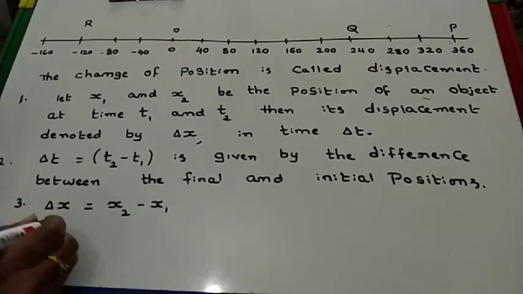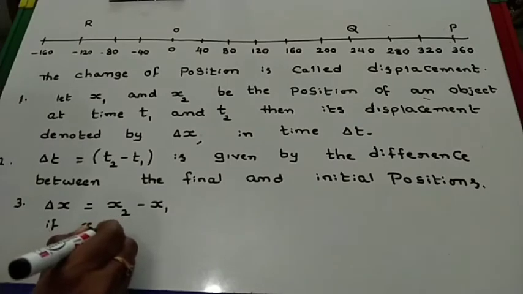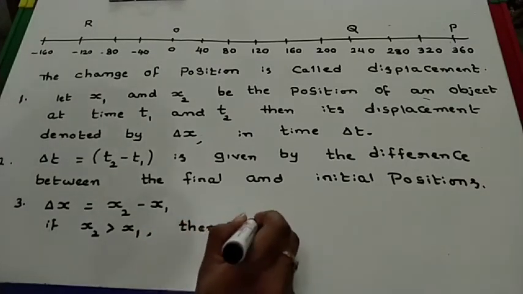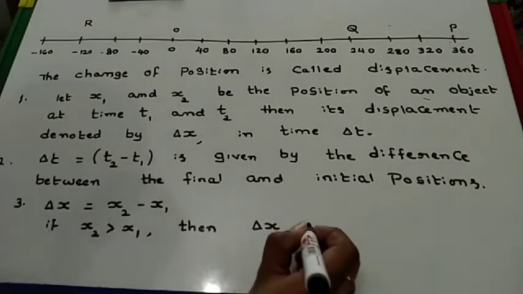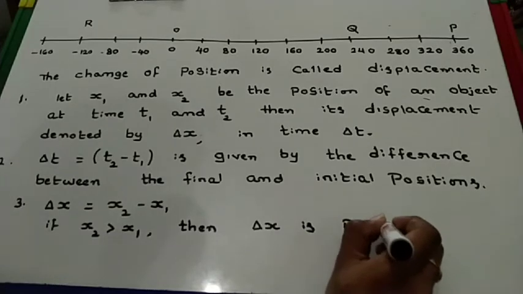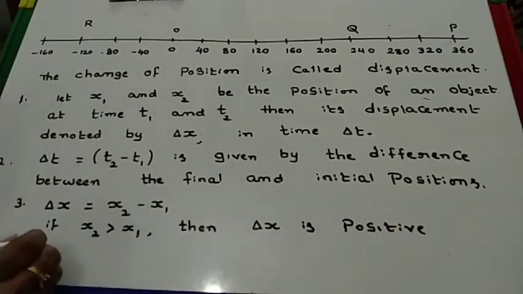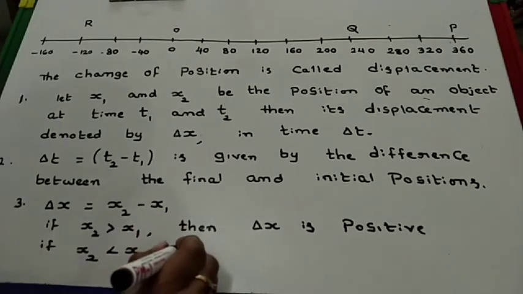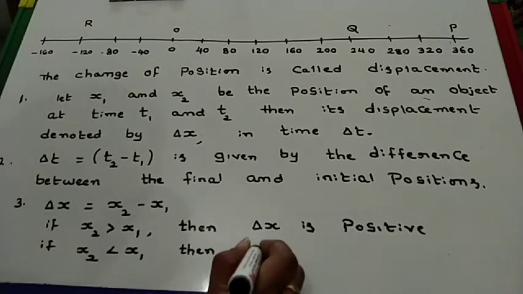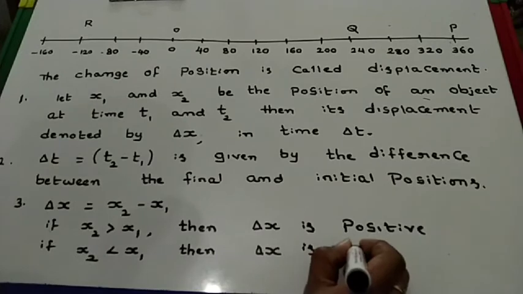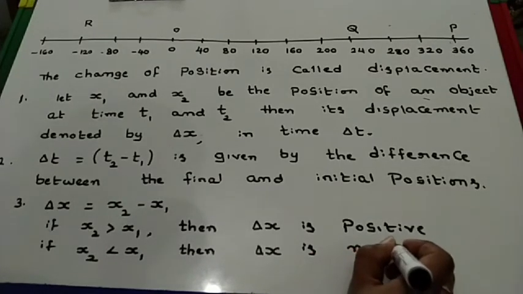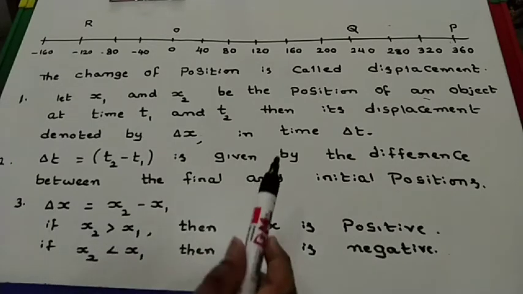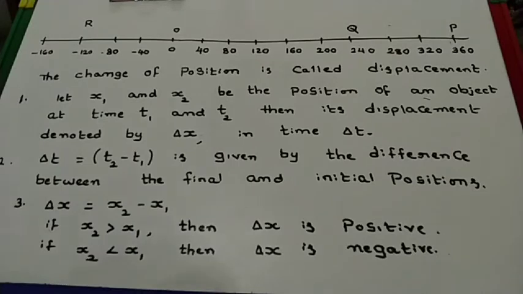If x2 is greater than x1, then delta x is positive. If x2 is less than x1, then delta x is negative. Once again, if x2 is greater than x1, then delta x is positive. If x2 is less than x1, then delta x is negative.